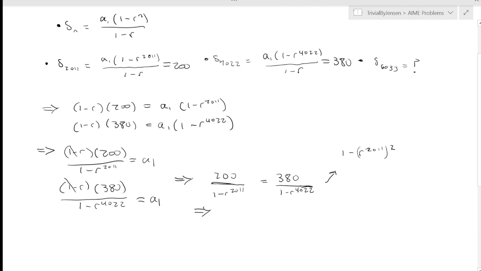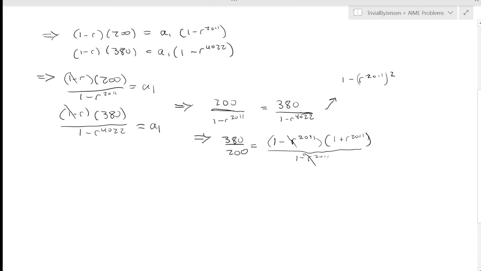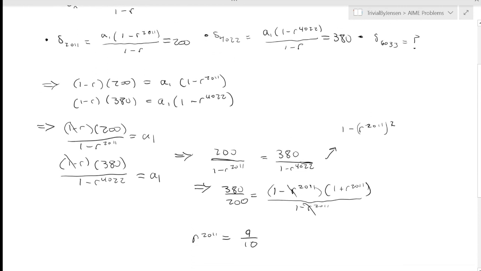So we should have 380 over 200 is equal to 1 minus r to the 2011 times 1 plus r to the 2011 over 1 minus r to the 2011. Those cancel. So that gives us that r to the 2011 is equal to 19 tenths minus 1, so that's just 9 tenths.